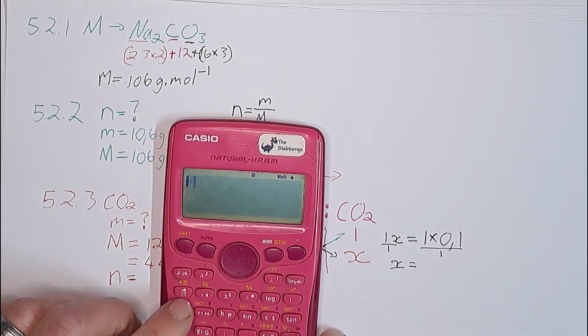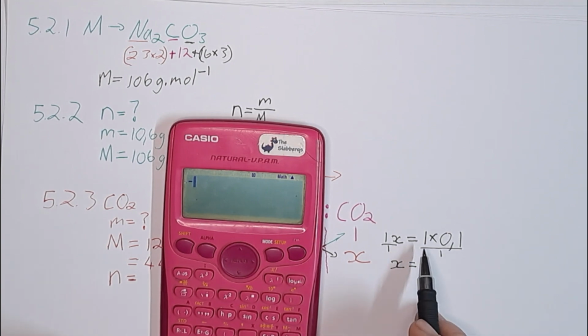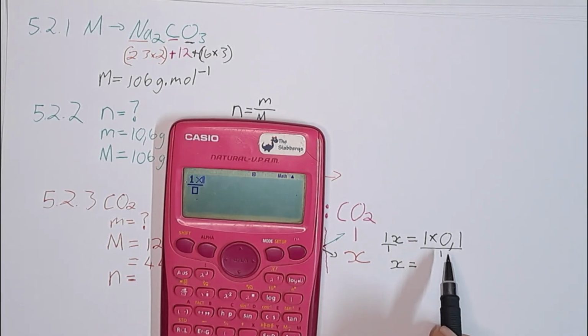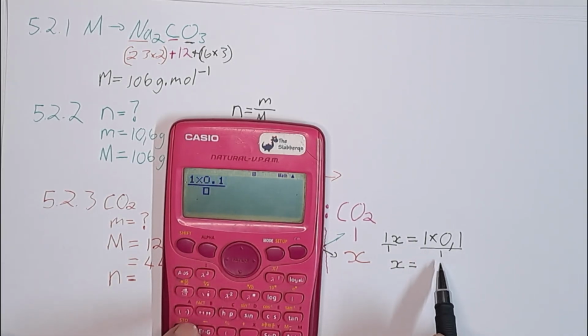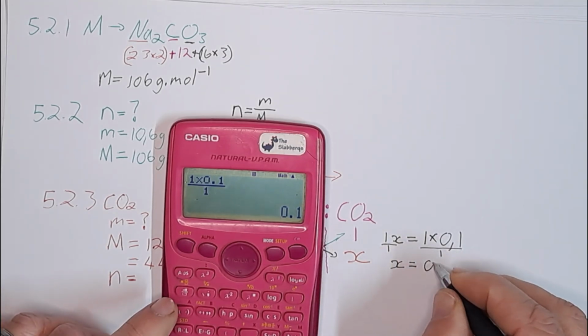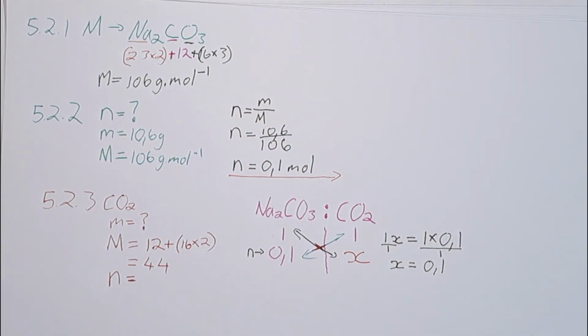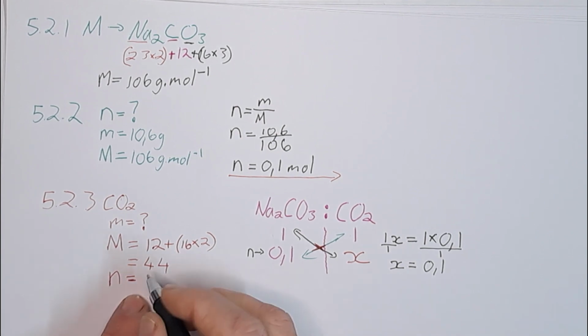And then I'm going to smash that into my calculator: 1 multiply 0,1 over that 1, and that is going to equal 0,1, as we knew it would be from the start, because the ratio is 1 to 1. But hopefully you understand the maths behind it now. So we can go from here and add it in there, 0,1.